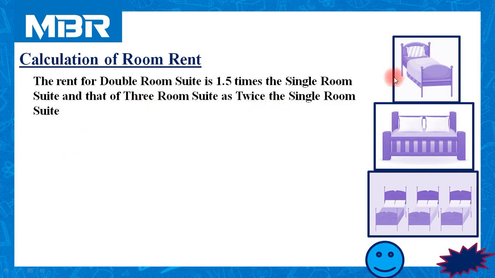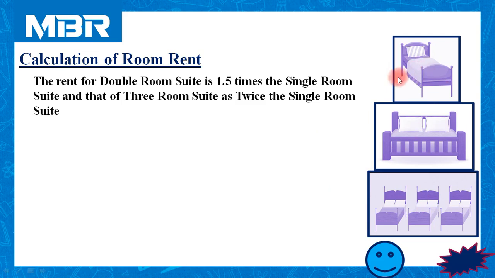It means whatever rent we decide for a single room, we need to charge 1.5 times for double and 2 times for 3-room. Let us take an example. If we charge 100 rupees for a single room, we have to charge 150 for a double room and 200 rupees for a 3-room suite.